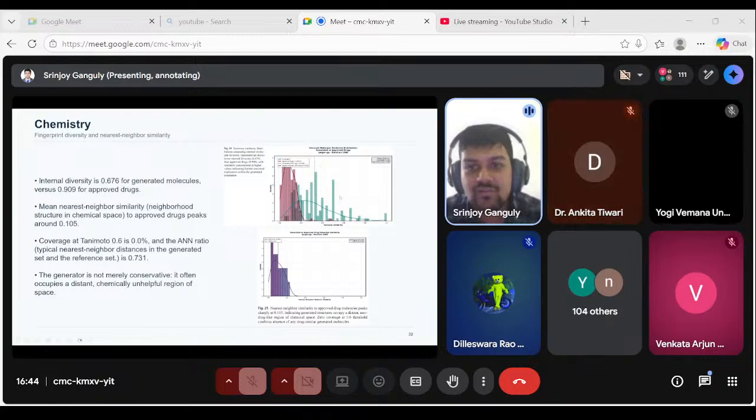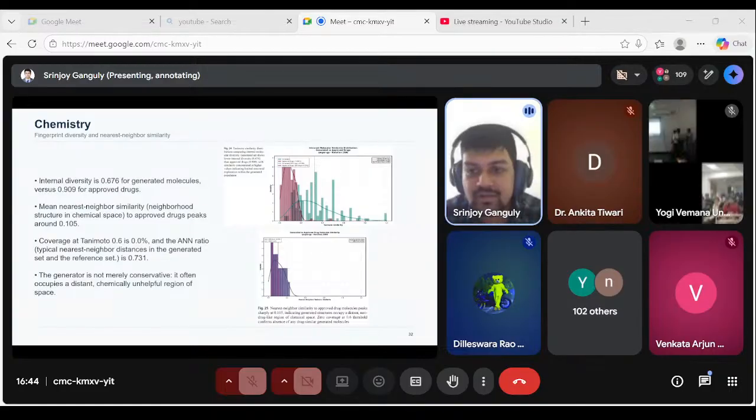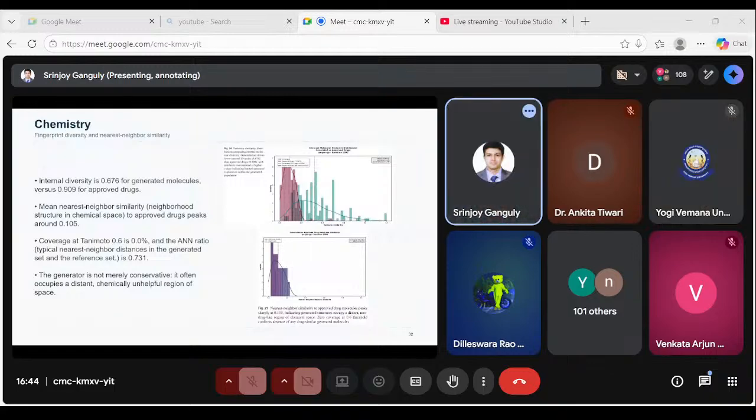Only a very small part is really overlapping with the approved drug matrix, the ChEMBL database, but most of it is not. So even for fingerprint diversity and similarity, we are not doing too well. We are not doing too well for scaffold, and not for fingerprint diversity. For ADMET, we were doing okayish, I would say, not too good.